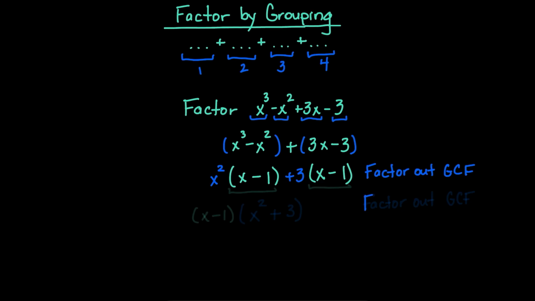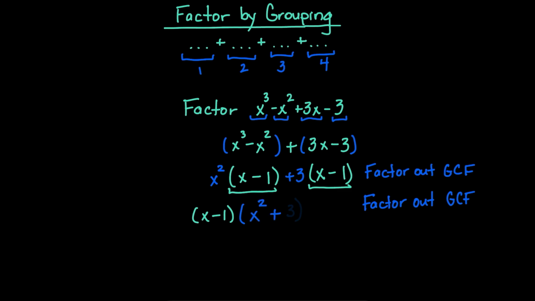Then we factor out the GCF again. We can see both terms have x minus 1, so I can factor out x minus 1. From my first term, when I divide out x minus 1, I'm left with x squared.